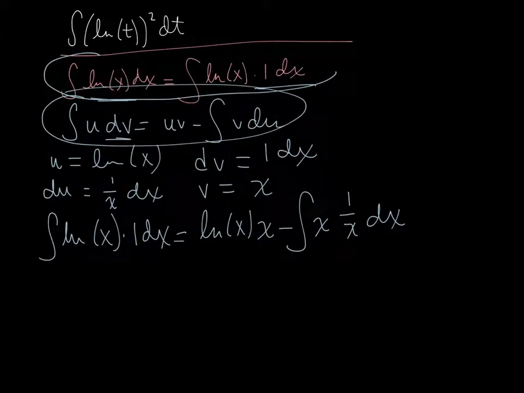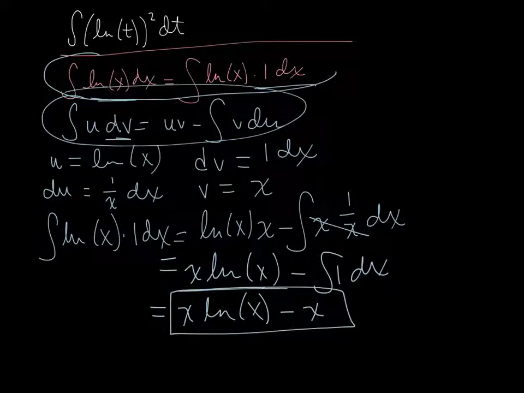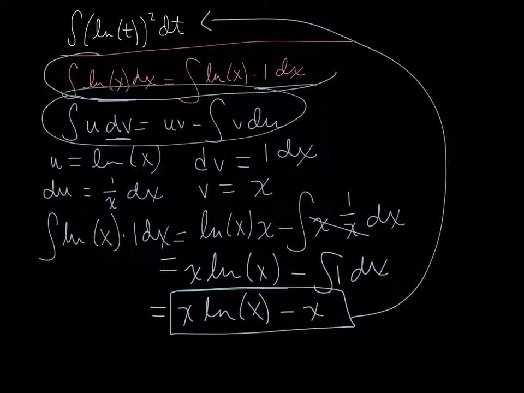So this is simply going to be x ln of x minus, those cancel, so I just get the integral of dx. And when I find the antiderivative of dx, or 1 dx, I get x. So this is a formula that you need to know when you find the antiderivative of ln of x. I can use this now going back to this problem.